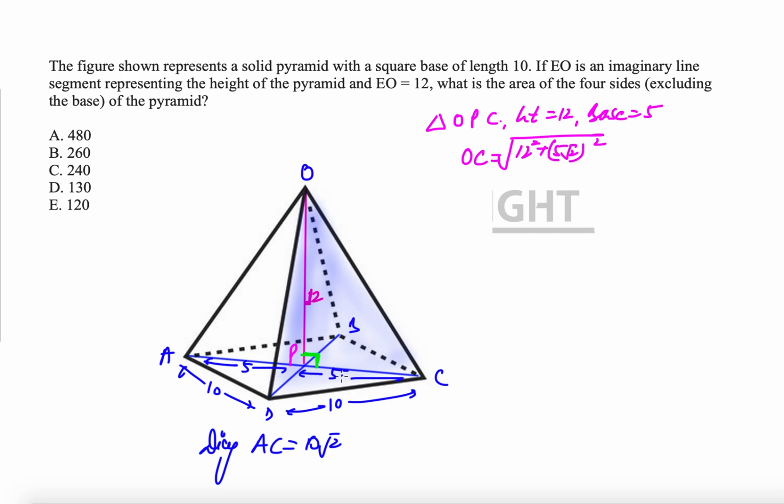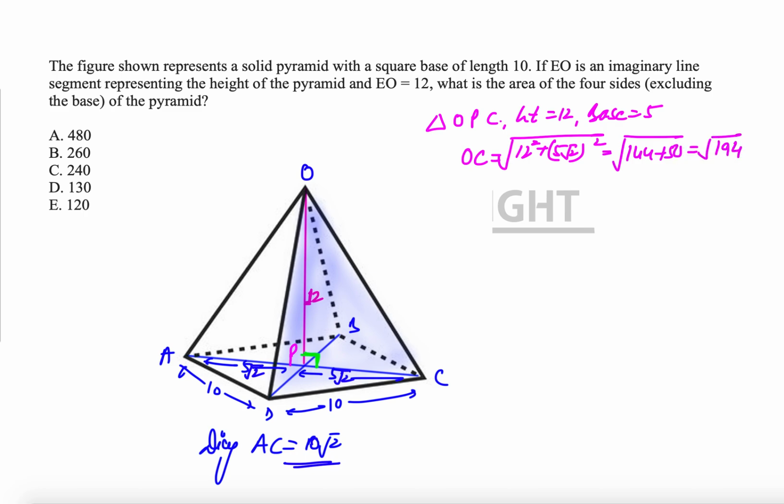I made a small error. This is not 5 each, these are 5 root 2 each, because the diagonal is 10 root 2 and half of it will be 5 root 2 each. So the length of OC is the square root of 144 plus 50, which is equal to the square root of 194.